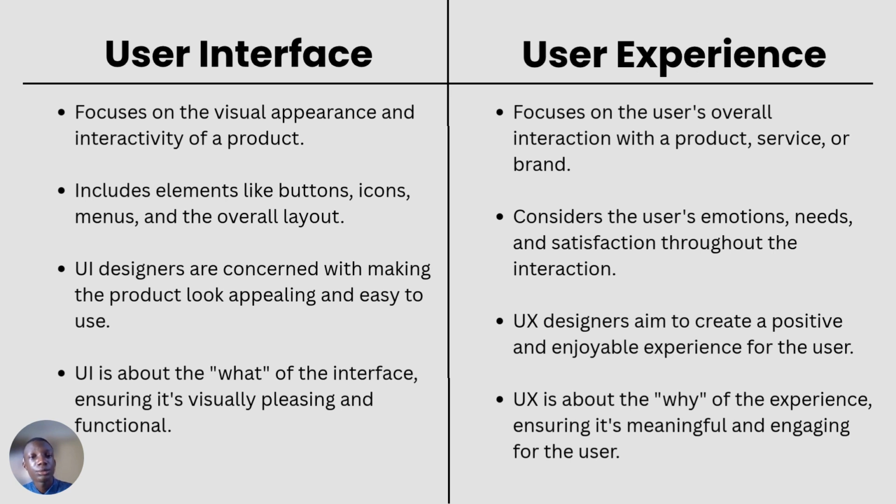And then the icons are just mini pictures or vectors that you can use to explain what a particular part of a design is. And then the layout is just the structure of the design. So these are what user interface talks about.